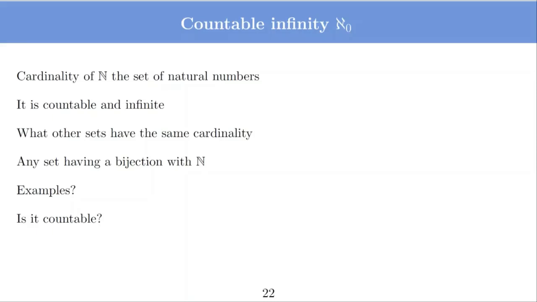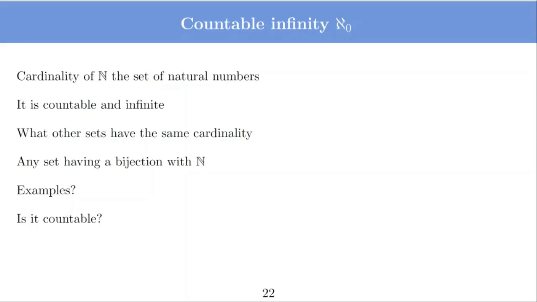So any set that has a bijection with the natural number set is countable. We say its cardinality is countable infinity. Okay, and of course the natural numbers also have this countable infinity cardinality, because you are able to find a bijection between these two sets, so both sets have the same cardinality, and that cardinality is known as countable infinity.